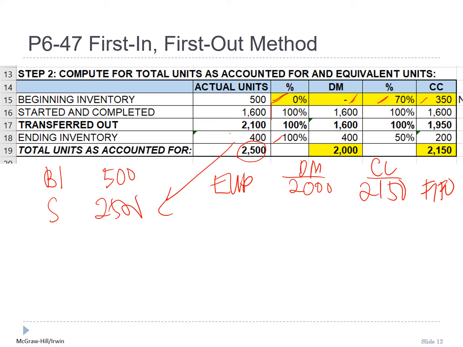Now, we can also convert that to weighted average. The difference between them, if you go back to the weighted average computation, is only in the beginning inventory.